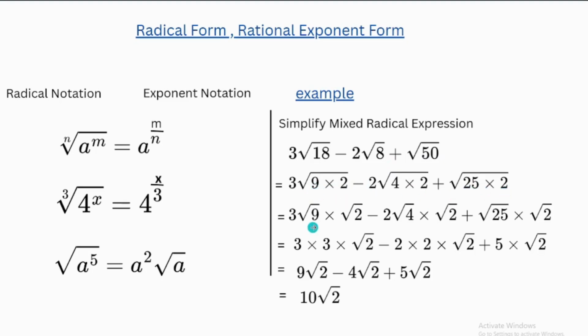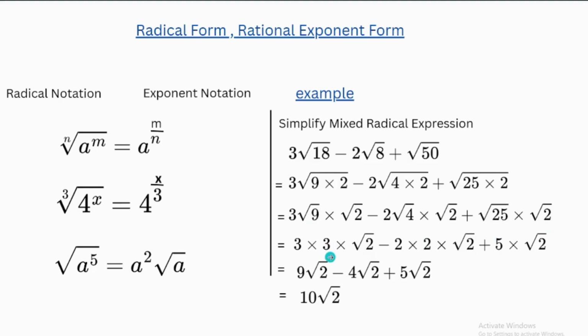Root 9, in the multiplication, we can distribute the root to the two numbers. So root 9 times root 2, that's acceptable. Minus 2 root 4 times root 2, plus root 25 times root 2.